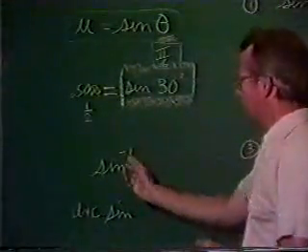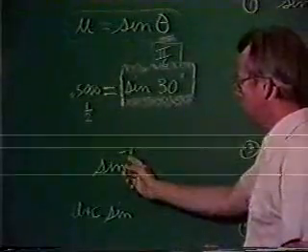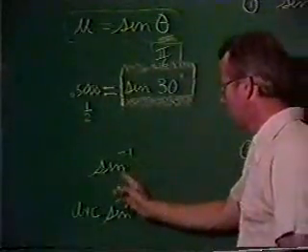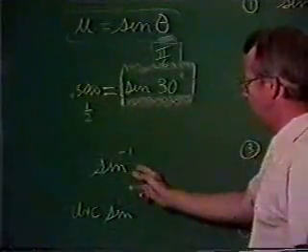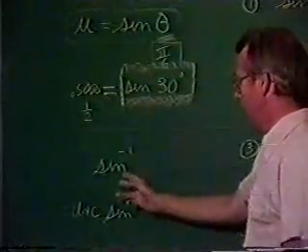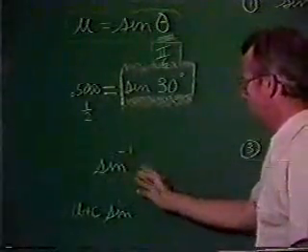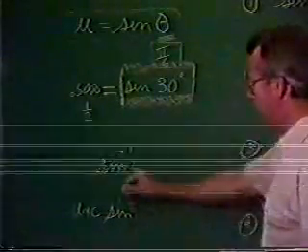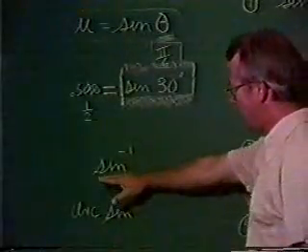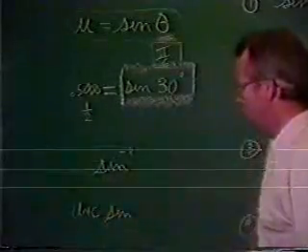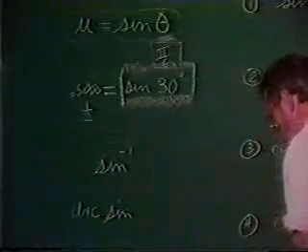When you see this, it is called the inverse sine, or the arc sine. There'll be times when a teacher may use both words. One time they may say inverse sine of such and such, or they may say arc sine. Textbooks do the same, because some authors and some people use one all the time and others use the other, so you need to know that they mean the same thing.